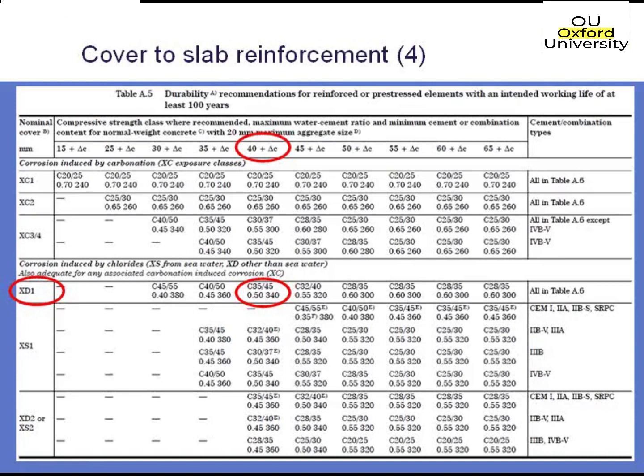Now going to the BS 8500 method and doing exactly the same calculation. Here, looking up for the XD1 class, the C35/45 concrete, reading up the table, we come up with a requirement of 40 plus delta C. So that's again just showing that we have the same 40 millimeter cover requirement as we had to the Eurocode rules.